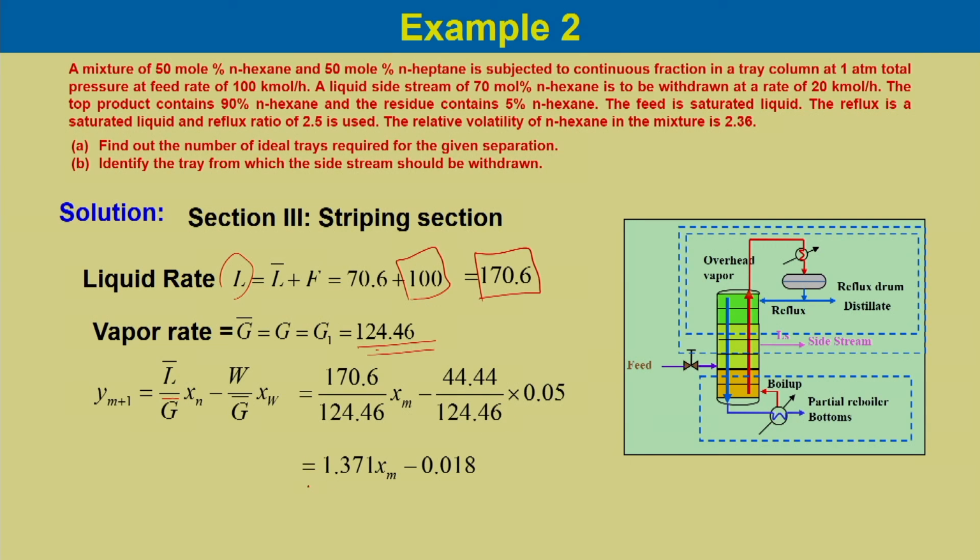So, we will have y m plus 1 equal to 1.371 xm minus 0.018. So, this is the equation for the operating line in the stripping section.